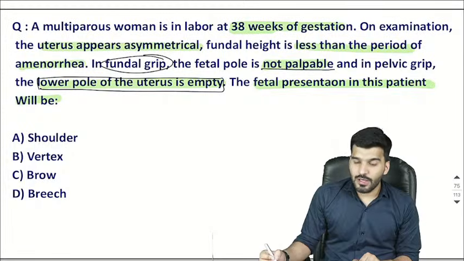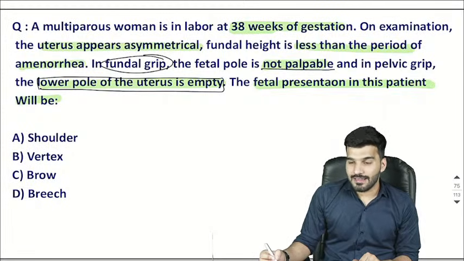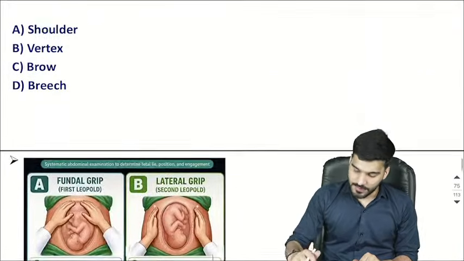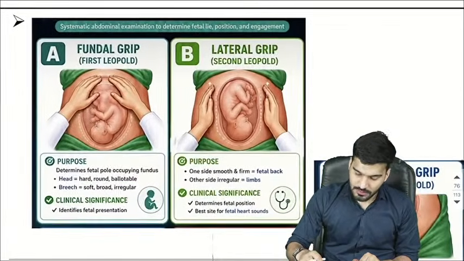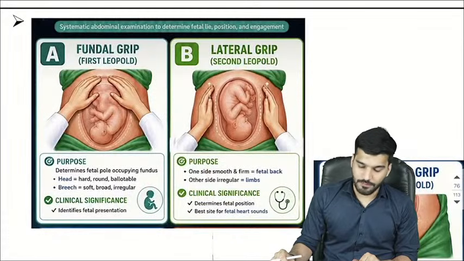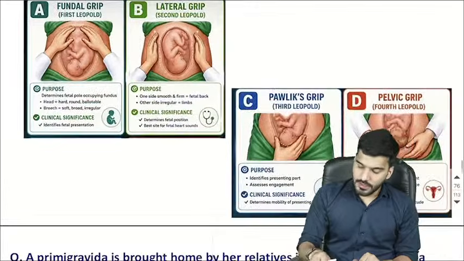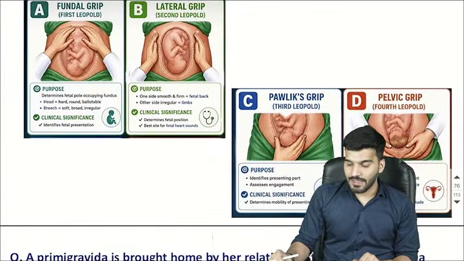So first of all, let's understand what exactly is a fundal grip, a pelvic grip, and the Pavlik grips. Among these different types of grip, we have the fundal grip, which is the first Leopold's maneuver. Then we have the second one, lateral grip. Then we have the Pavliks and the pelvics.